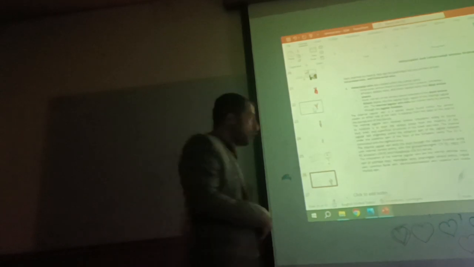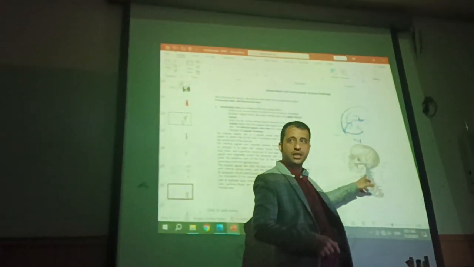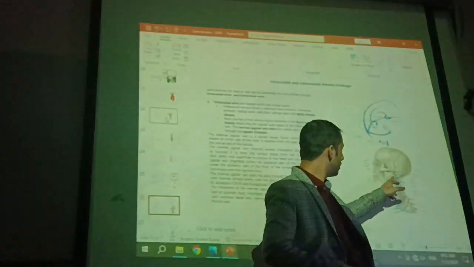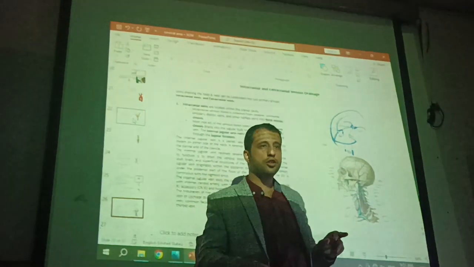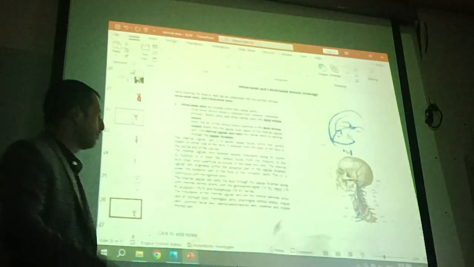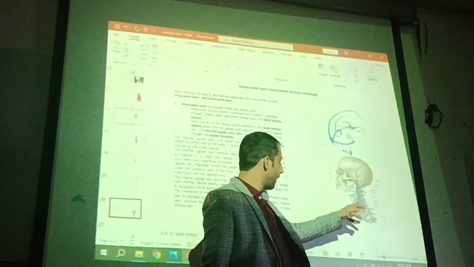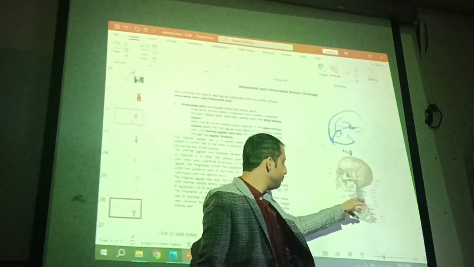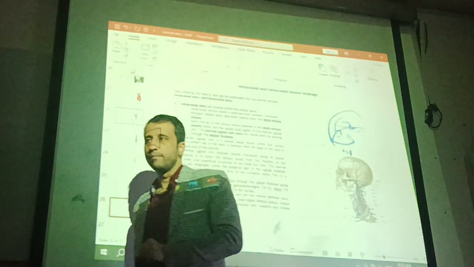Okay, the internal jugular vein is here. And as you can see, it receives some veins. Which veins? Here we have the thyroid veins.